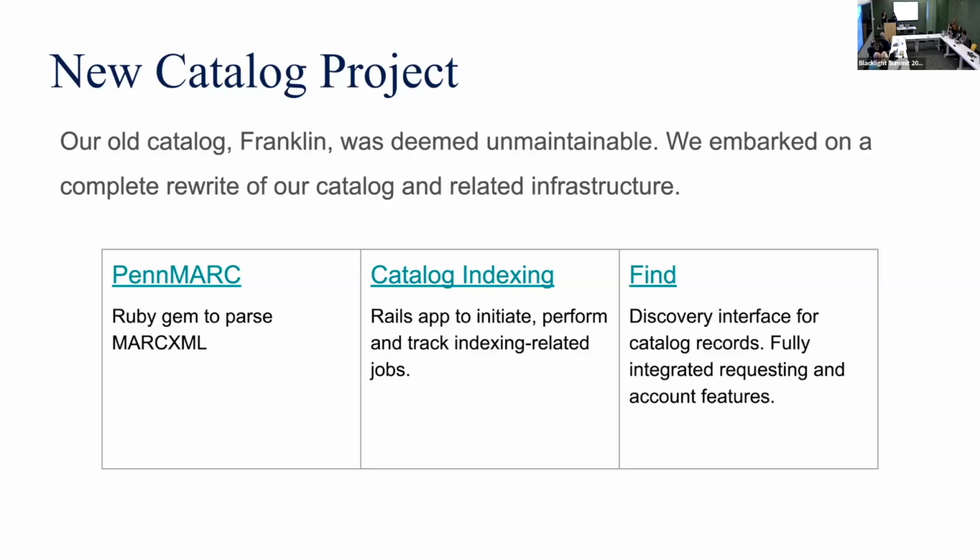And this is great because this writes to the same Solr instance that Find, which is our discovery interface used for catalog records. And this has fully integrated requesting and account features and is pretty fully functional compared to Franklin. And Find is our Blacklight instance.